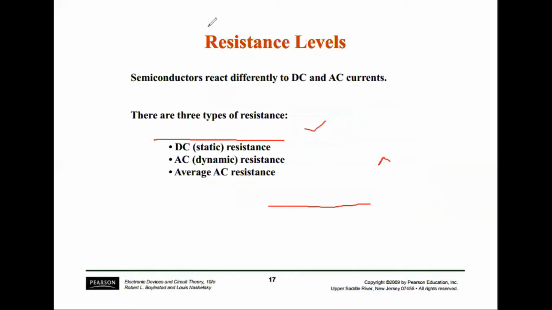Resistance levels. We have earlier discussed the characteristics of a diode, and we saw that the diode behaves as a short circuit in the forward bias region and acts as an open switch in reverse bias conditions. But those were all the cases for ideal diodes.